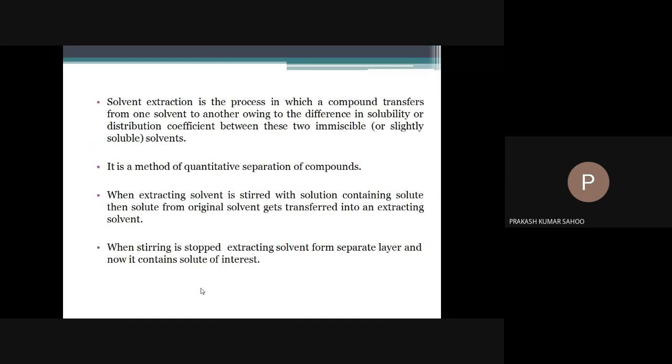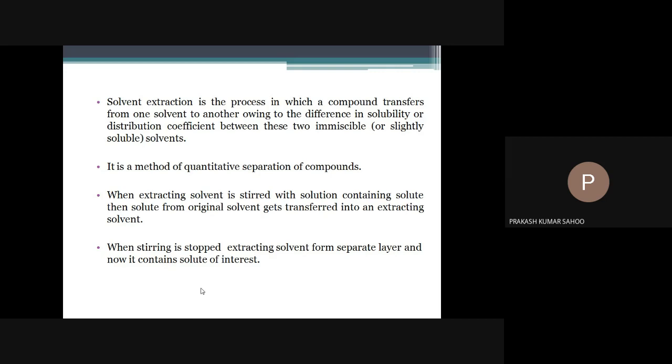Solvent extraction is a process in which a compound transfers from one solvent to another owing to the difference in solubility or distribution coefficient between these two immiscible solvents. That means the two solvents are immiscible. It is a method of quantitative separation of compounds. When the extracting solvent is stirred with a solution containing solute, the solute from the original solvent gets transferred into the extracting solvent.